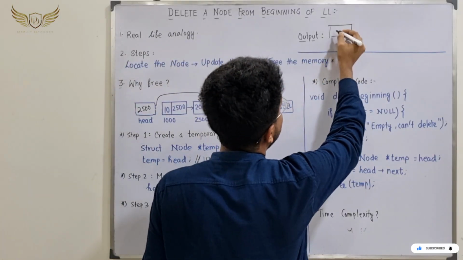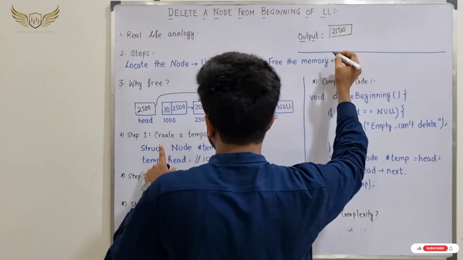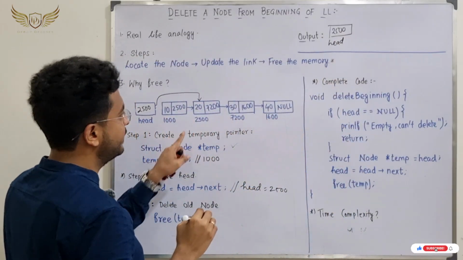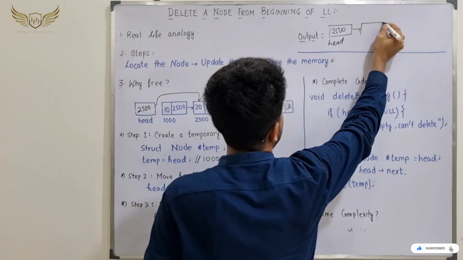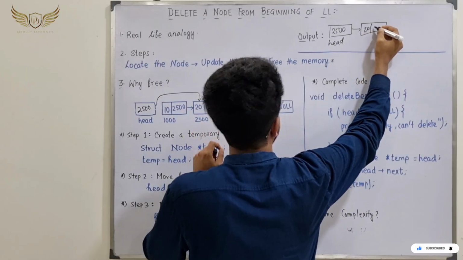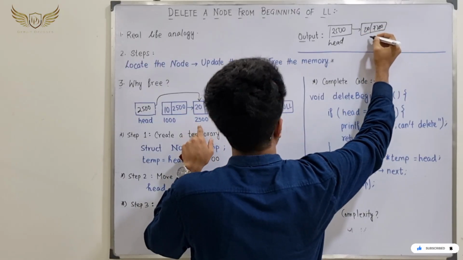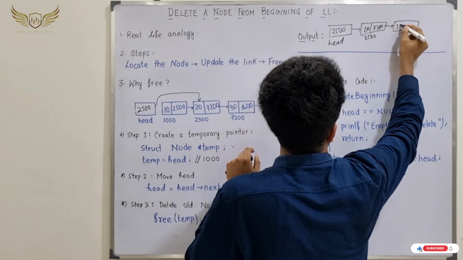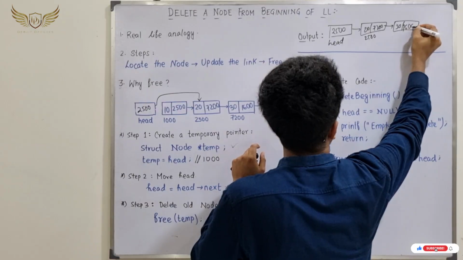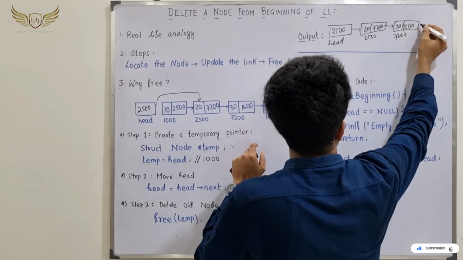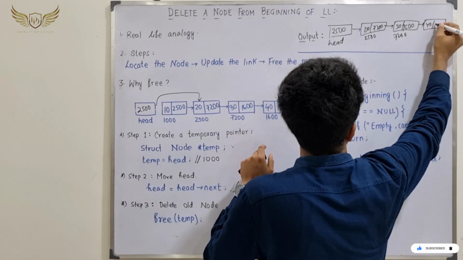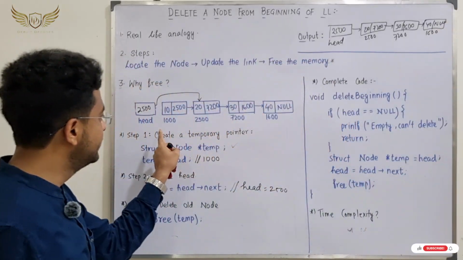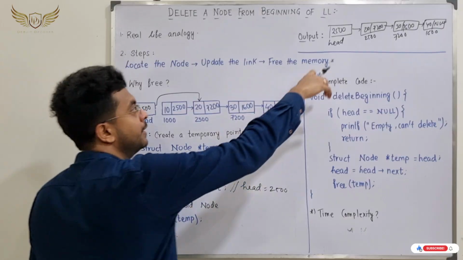There is a head at 2500, and it is pointing to 20, which is at 2500 and holds 7200, then 30 at 7200 holds 1600, then there is 40 at 1600, and this is null. So see, this is done after this step, right?